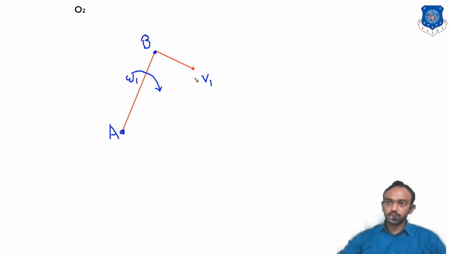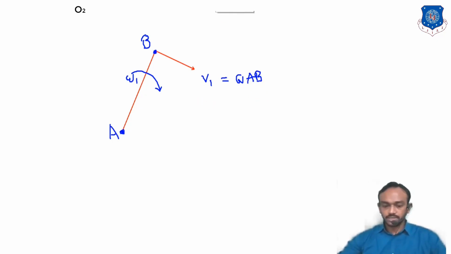Remember that linear velocity V1 is always the angular velocity omega times the distance between the reference point and the point for which you are finding the velocity. So linear velocity is omega times AB.